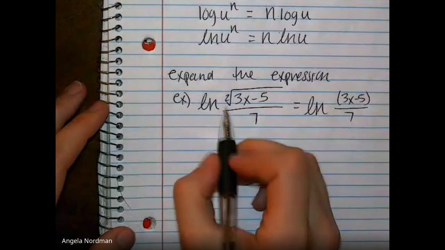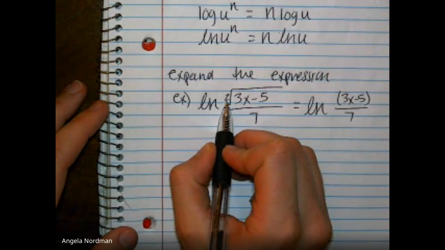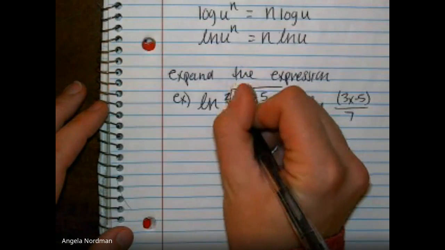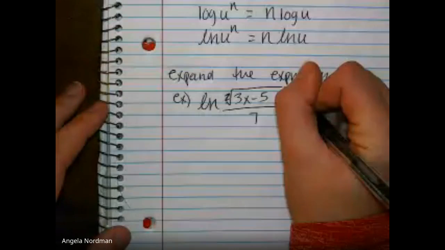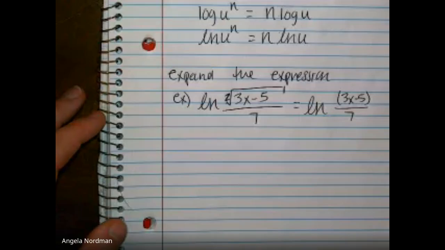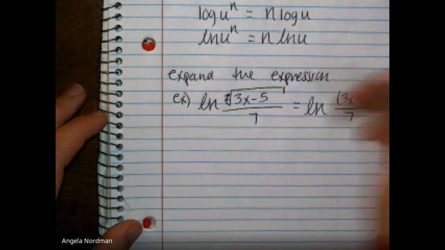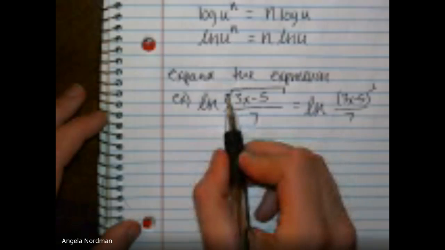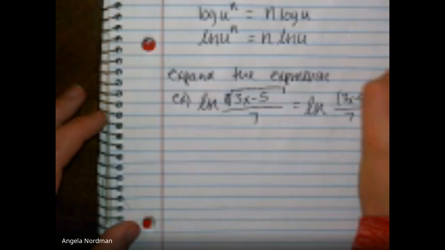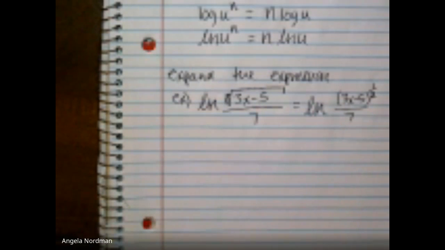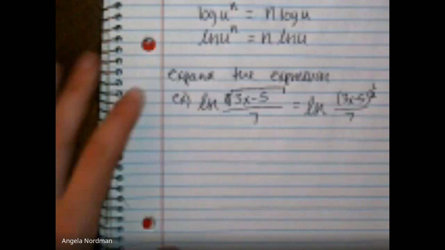So whatever number is technically out in front. When it's a square root, there's no number written. I wrote it here to help you. We can assume that's a 2, though. And then whatever exponent's up top, it's generally just going to be a 1, because this is all just to the first power. You take the exponent over what your radical is as the rational exponent. So this is going to be 3x minus 5 to the 1/2.